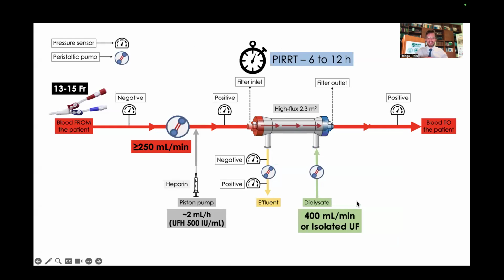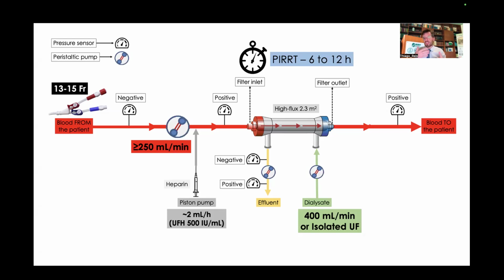And this will be the ideal prescription of an intermittent hemodialysis or PIRRT. A wide catheter, 13 to 15 French, a blood flow of at least 250 mLs per minute, heparin infusion, or depending on patient condition, no anticoagulation, using a high flux filter with an area above 2 square meters, because when we have a larger surface area, the risk of clotting is reduced.